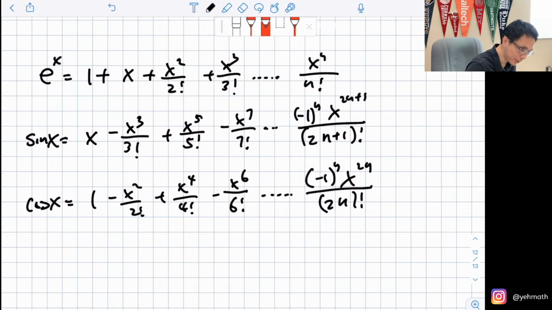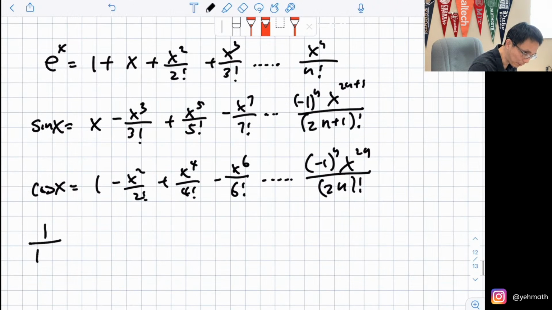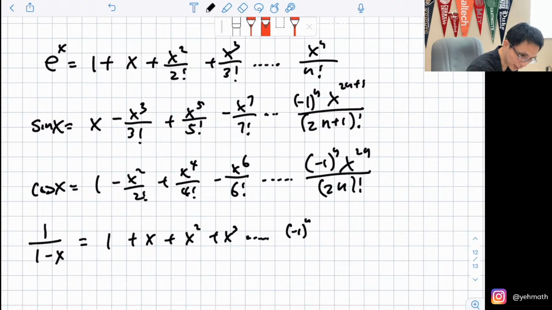Now, as far as 1 over 1 minus x, that's just going to be equal to 1 plus x plus x squared plus x cubed, and so on, to x to the n.